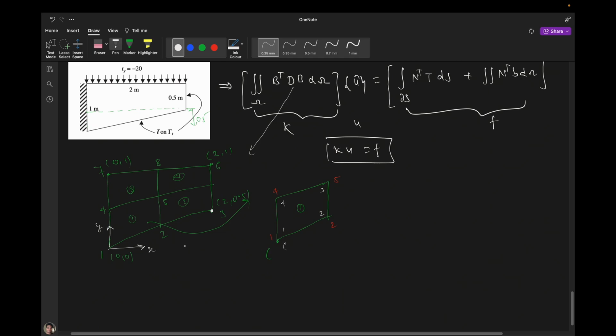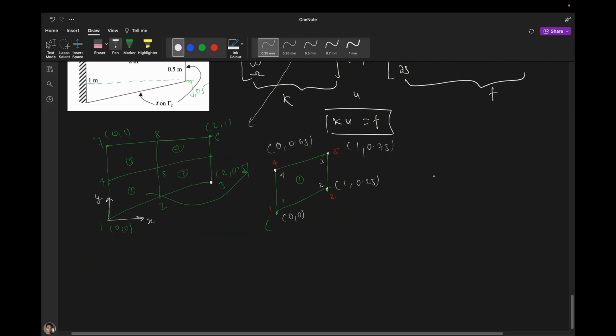And suppose the coordinates, based on this, will be 0, 0, and suppose this is 1, 0.25, and this will be 1, and this height is 1, so I am taking 0.75, and this will be 0, and this will be a little bit lower than this, so I guess it should be 0.65.